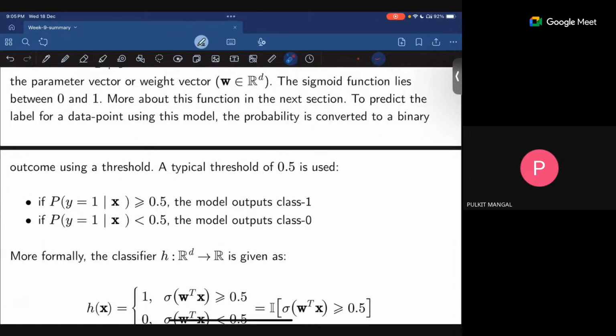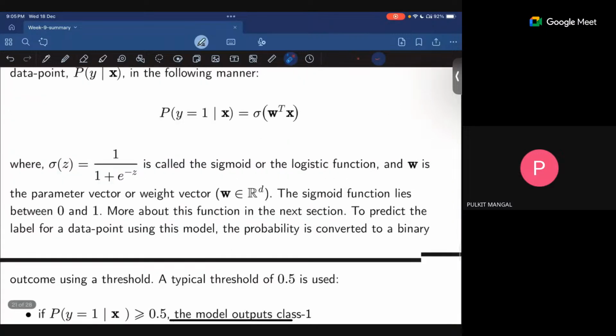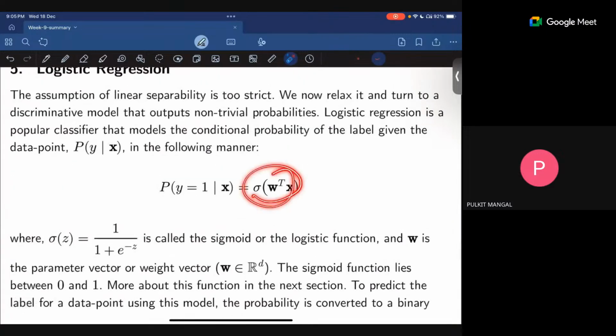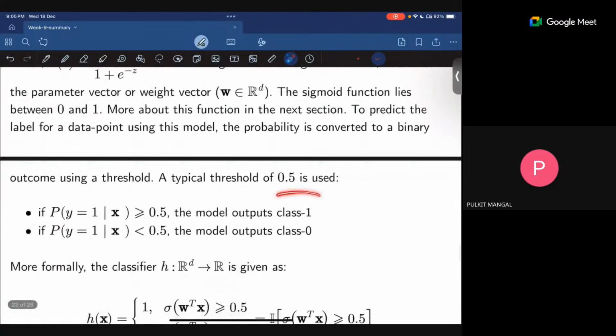So generally we use a threshold value to determine our class. That is, at what threshold value should this probability be above to classify our data points to class 1. The general threshold value is 0.5. That is, if the probability of y equal to 1 given X is greater than or equal to 0.5, then the model output class is 1, else the model output class is 0.